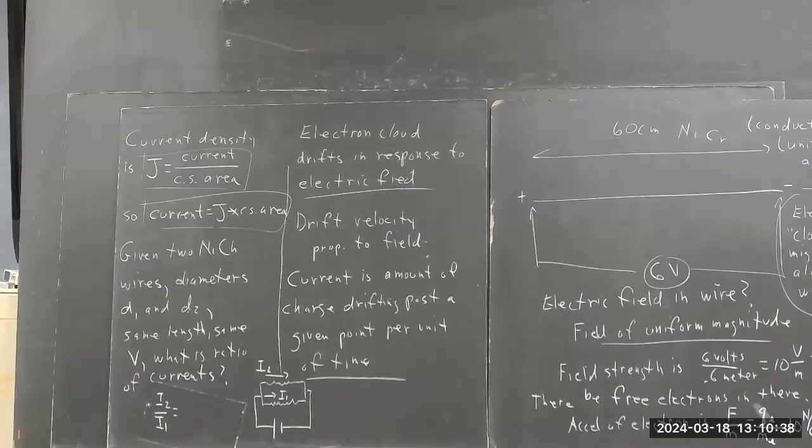Okay, so how does that go back to current density? The ratio of the surface areas of those two wires is just equal to the ratio of the wires.